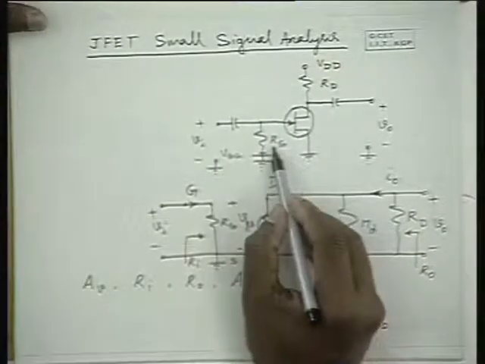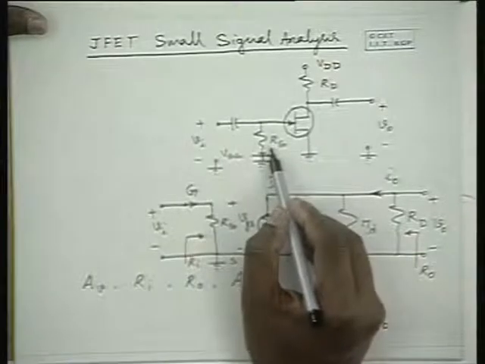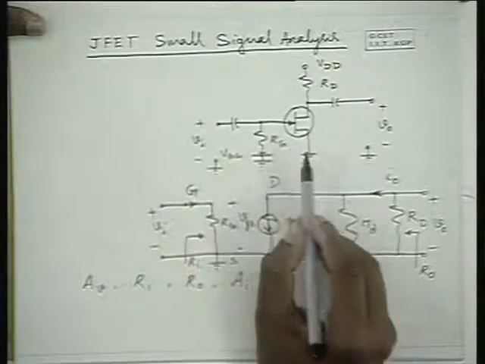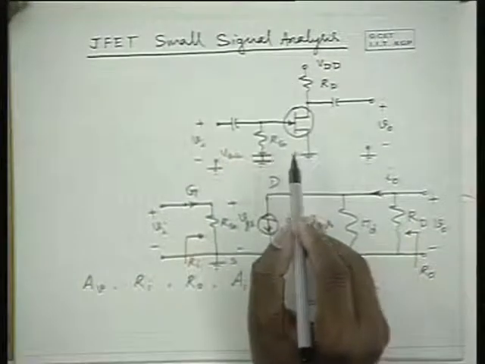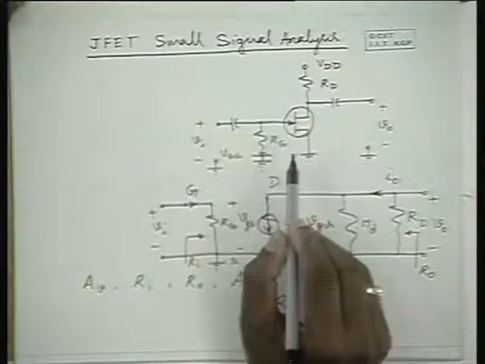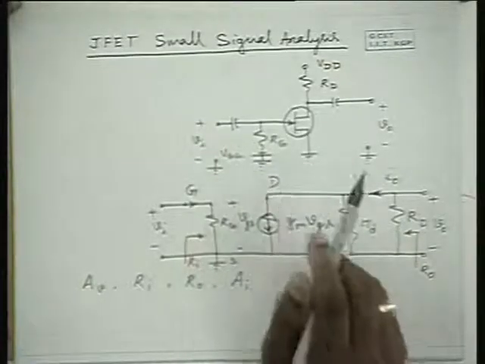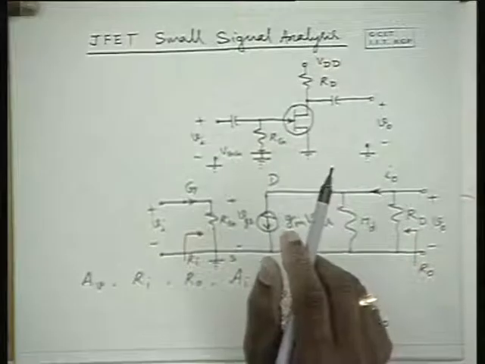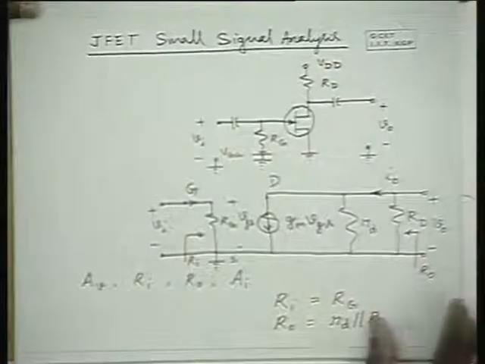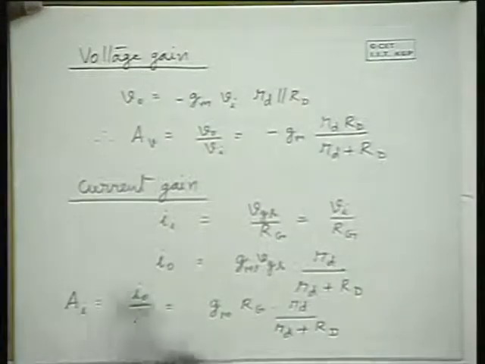And this resistance being very large usually, of the order of mega ohms, this current is also negligible. Hence, current gain is obviously there, and it is not a consideration in the JFET design usually. However, in any case it can be analyzed in this way. Any questions so far?